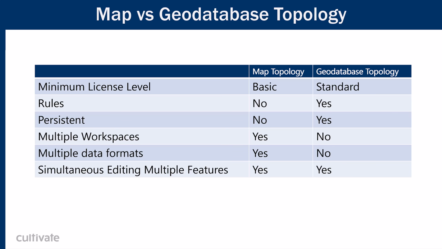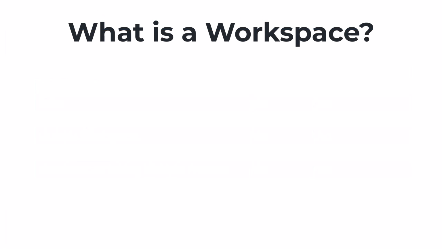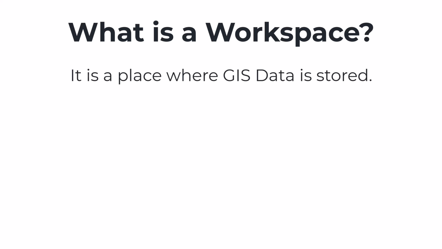One of the powers or pluses of a map topology is that because it's not persistent, because it doesn't exist just in that geodatabase, it works when editing features that are in different workspaces. So what do I mean by workspace? A workspace is a storage container for your GIS data.